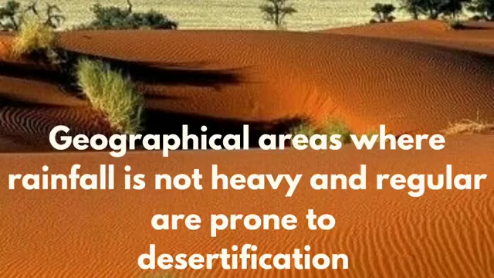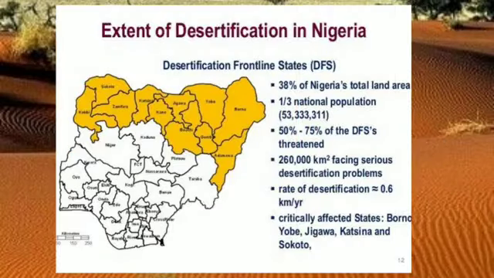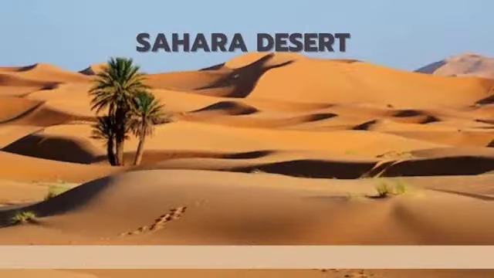Geographical areas where rainfall is not heavy and regular are prone to desertification. Some parts of northern Nigeria, like Sokoto, Kano, and Katsina states, are desert-prone areas. Hot deserts, such as the Sahara Desert in Africa, are also a good example of desert areas.